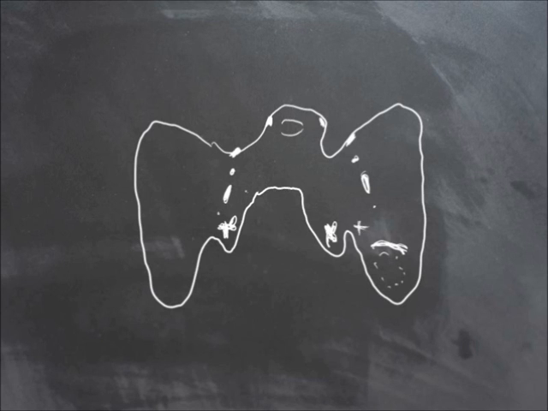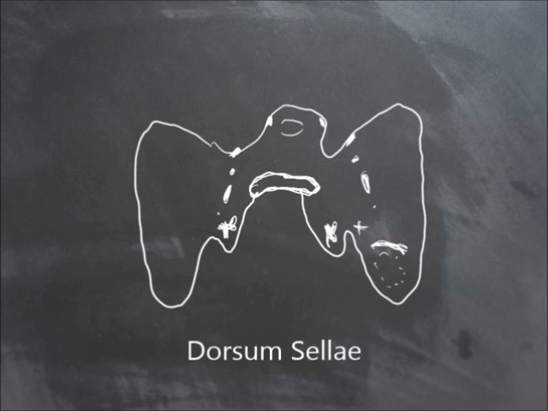Just one more feature for the middle cranial fossa. Little projection here. And this has the posterior clinoid processes.